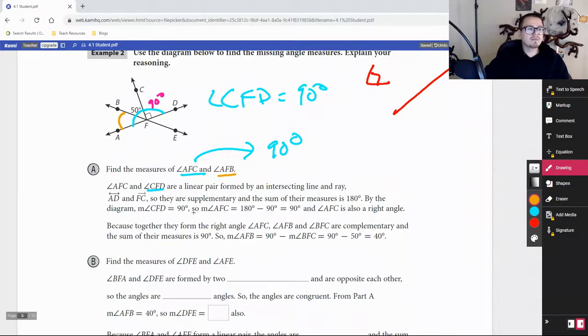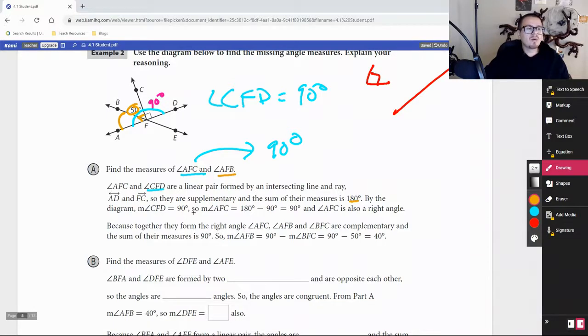Okay? We know that. Now, if you look at the diagram, you also know that this is a right angle. We can throw that in there. So what we don't know is what I marked in this ugly mustard yellow, the AFB. Low-key, if I had a sweater, that'd be fire right now. This is 50 degrees.